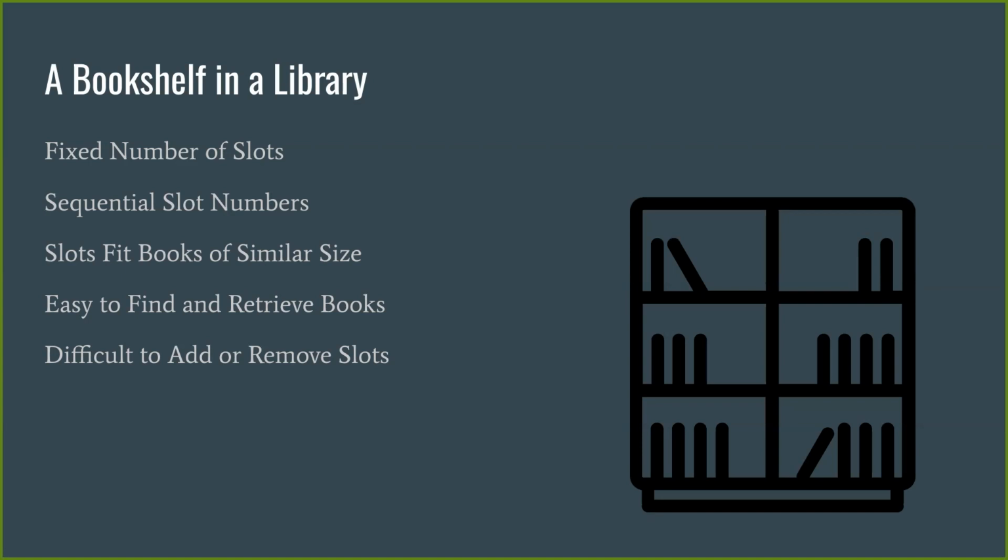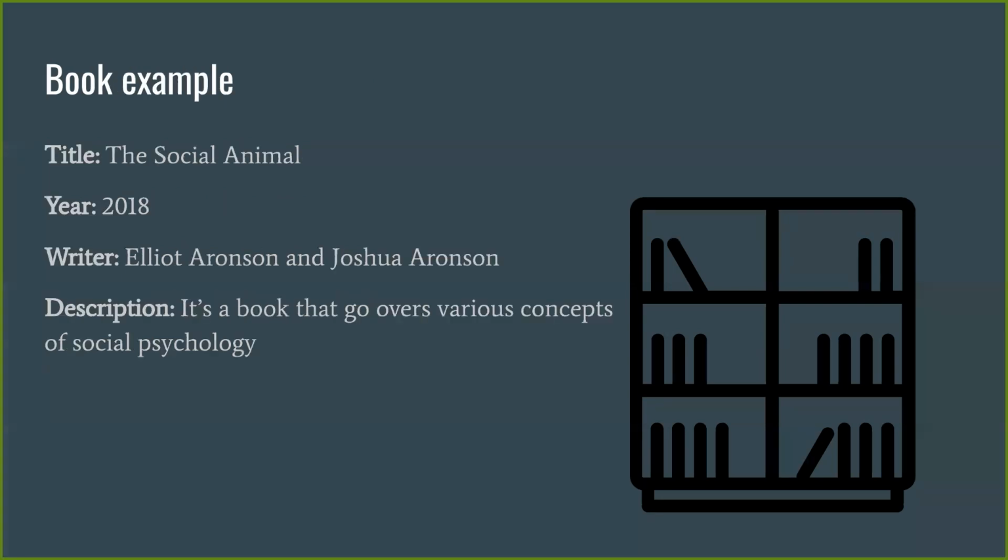So we talked about a bookshelf. Let's talk about a book. What would be an example of a book which would be an element of an array? So here is one example. This example book would have properties such as title, year, writer, and description.